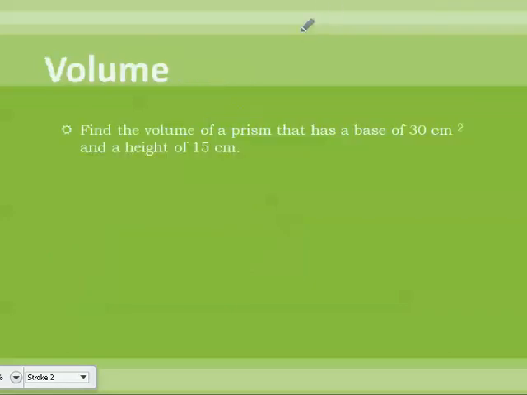Okay? Volume. If you're finding the volume of a prism and it says it's 30 centimeters cubed and the height of 15. Okay? It's telling you that the base is 30 centimeters squared. So that's what the area of the base is. What you do is you take the area of the base and you multiply it times the height.